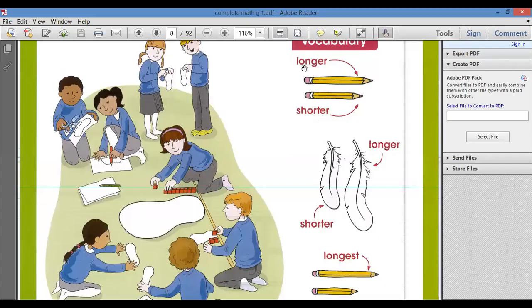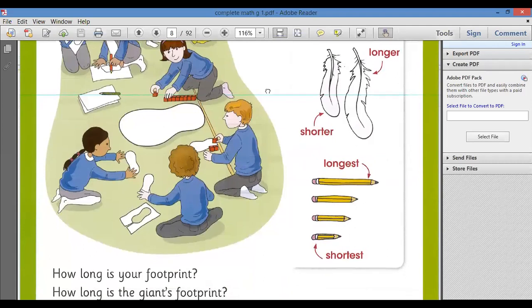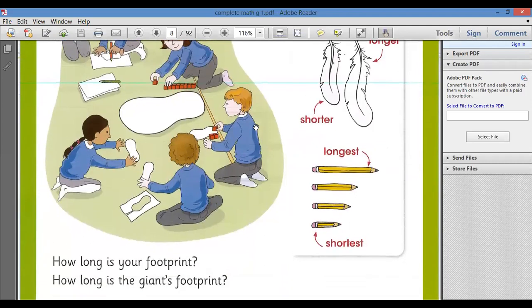Understand, boys? Longer and shorter. When we make comparison between two things, we use this comparative form, ER, longer or shorter. Okay, how long is your footprint? After the class, you can use a ruler to measure your footprint and your dad's footprint.